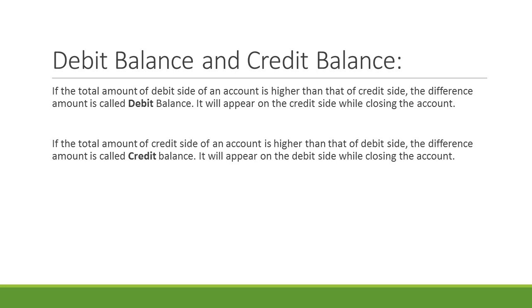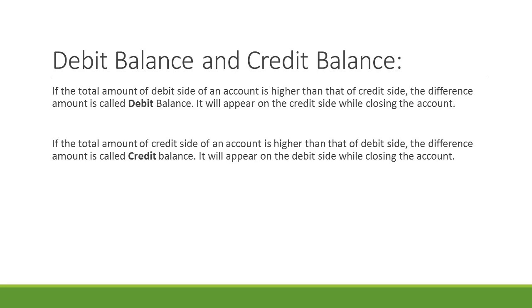So coming to the debit balance, it means if the total amount of the debit side of an account is higher than that of the credit side, then the difference amount will be called debit balance. While closing the account, it will be shown at the credit side.